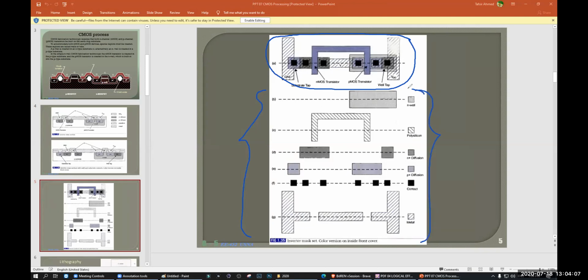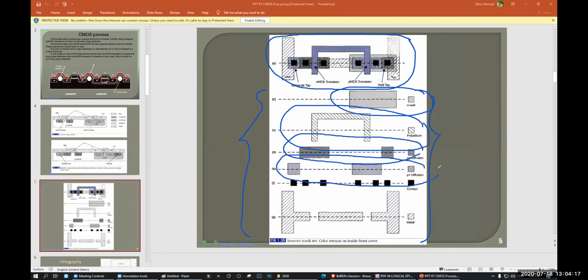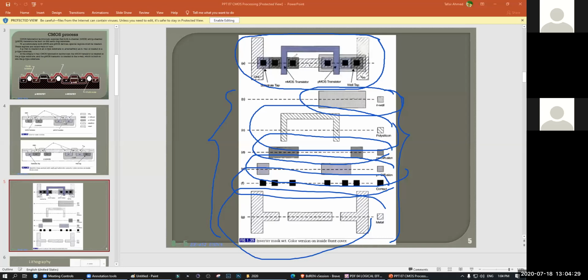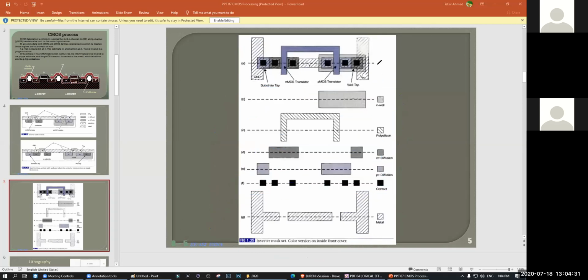Here they will separate the N type, the polysilicon, the N diffusion, the P diffusion, the contact, and the metal. By separating those, then they will apply them. So your job is making these. Which one you do first doesn't matter. Got my point? They will separate those and they will apply.